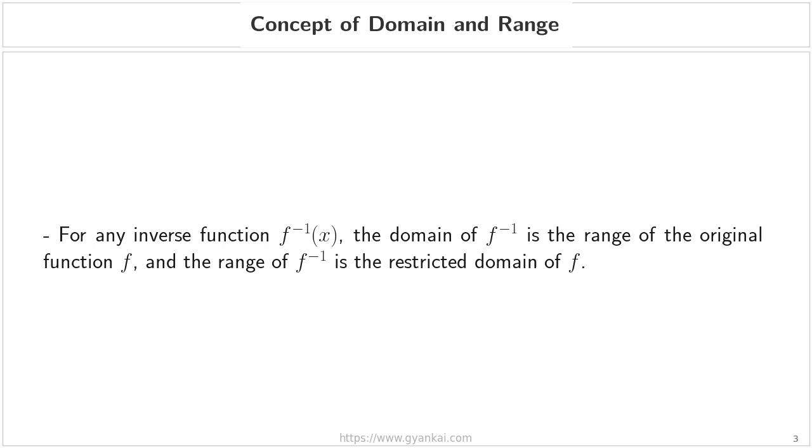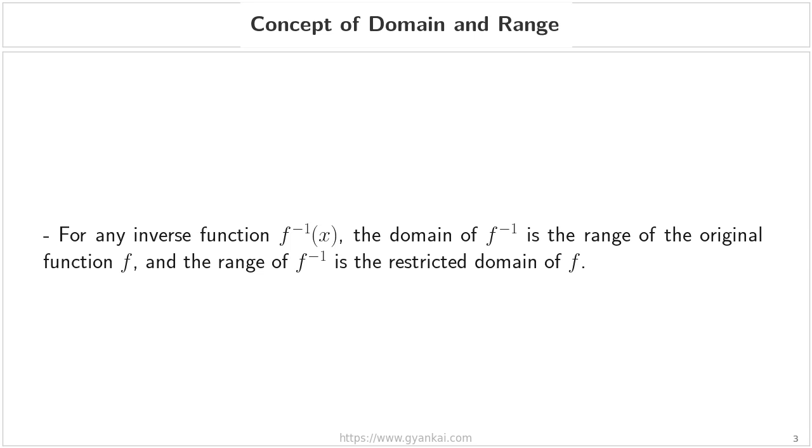Concept of domain and range. Looking at the slide, for any inverse function, which we denote as f inverse of x, there is a fundamental swap that occurs between the original function and its inverse. First, the domain of the inverse function, f inverse, is exactly the same as the range of the original function, f.